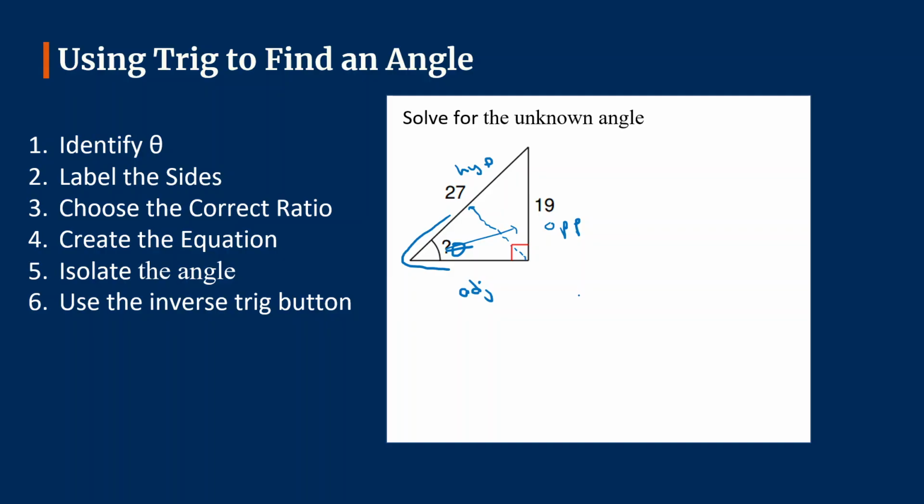Now I have to figure out, using SOHCAHTOA, which trig ratio is going to be helpful in this question. What information do I have? I know the hypotenuse, and I know the opposite, and I do not know the adjacent. That's fine.